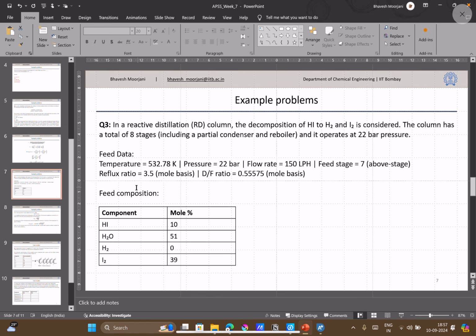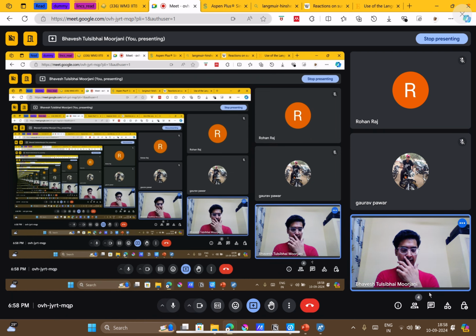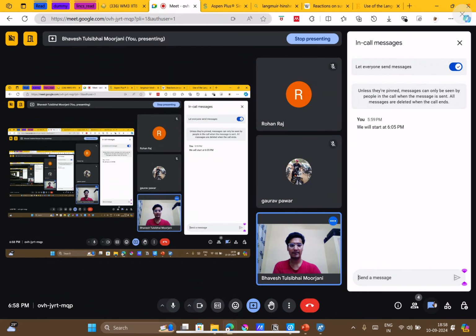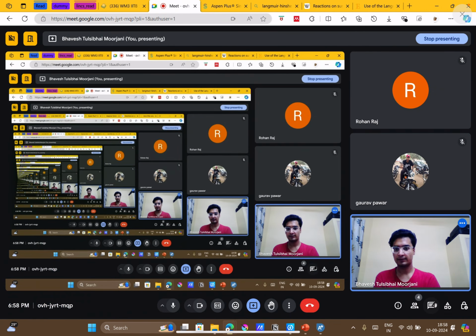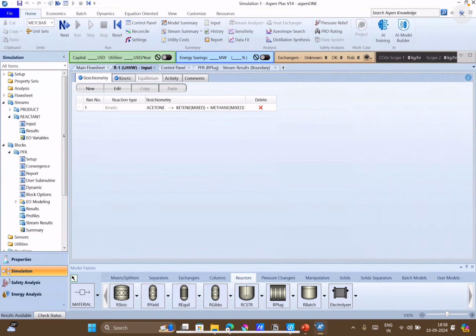It's a simple part where along with the distillation we will also add the reaction. So anyone want to volunteer, either Rohan or Gaurav? I guess no. Okay. Anyway, then you might have to slightly wait.